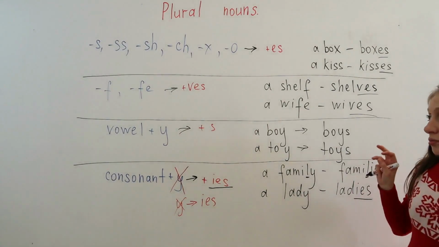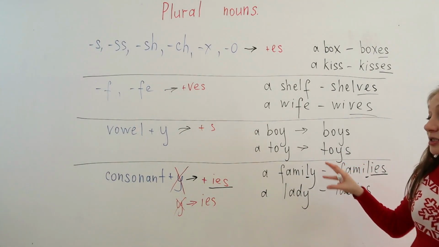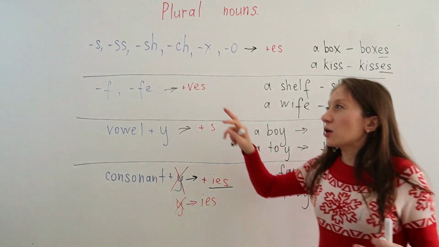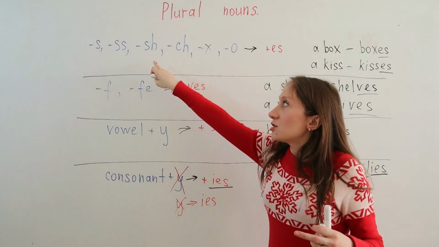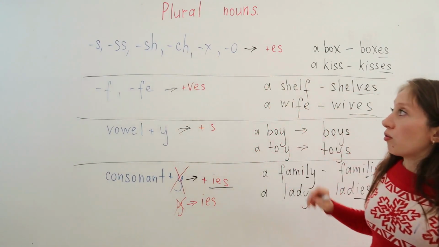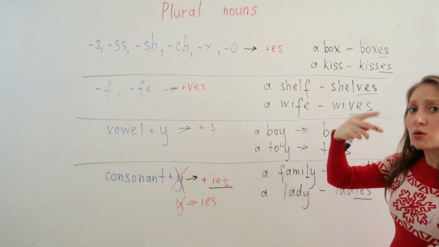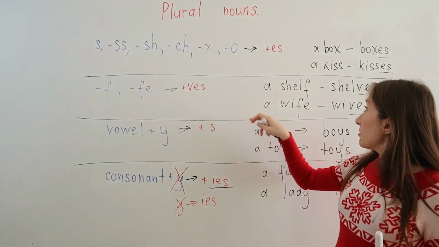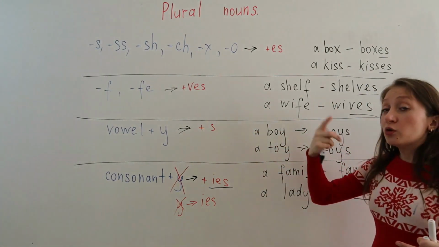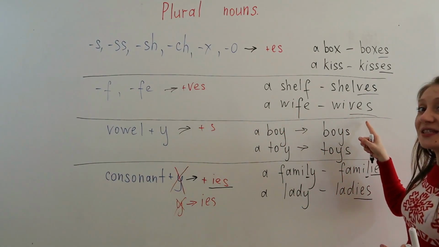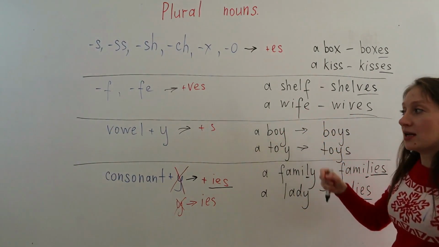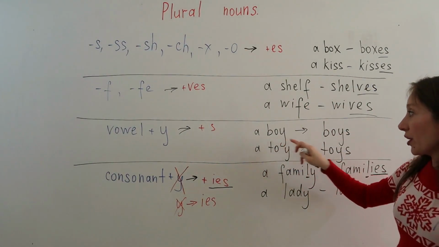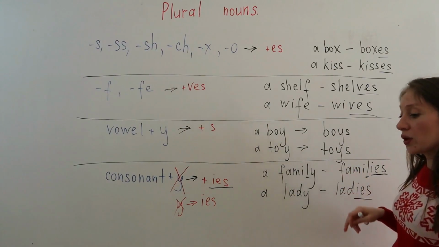So right now, you will have practice with these types of nouns. Try to memorize them. This sounds like s, s, s, ch, x, o, right? Boxes, foxes, watch, watches, kiss, kisses. Next, shelf, shelves, wolf, wolves, wife, wives, loaf, loaves, and so on. Vowel and y. You can say boy, boys, toy, toys.